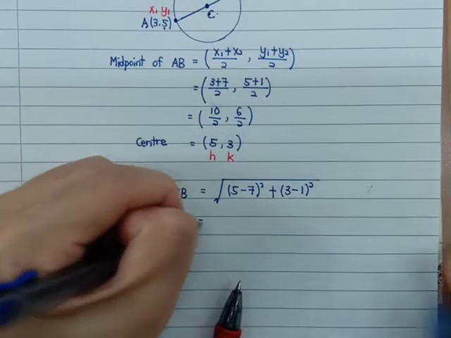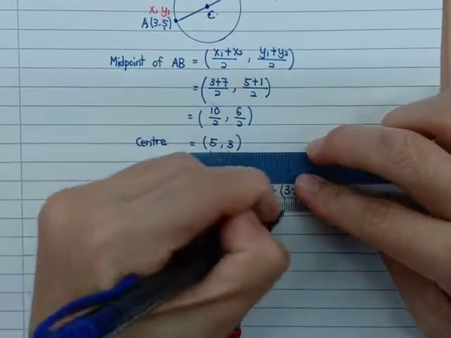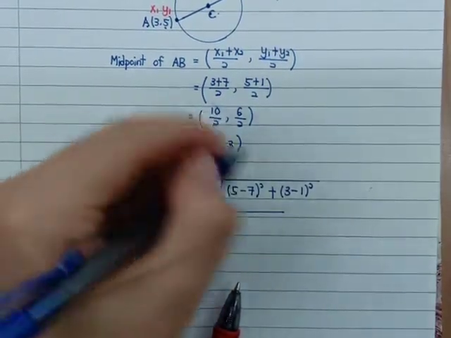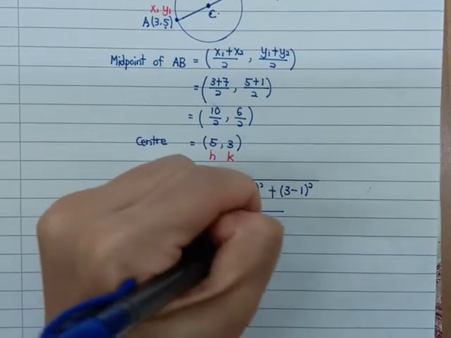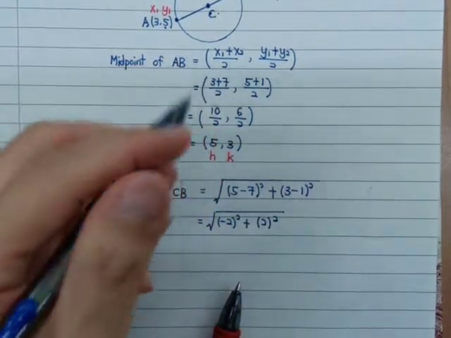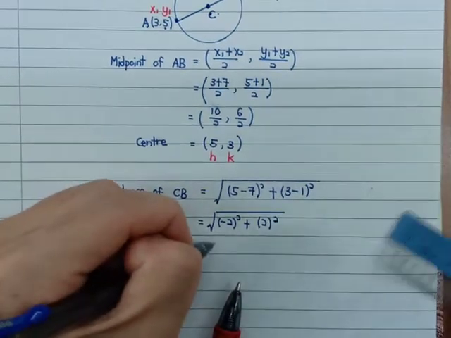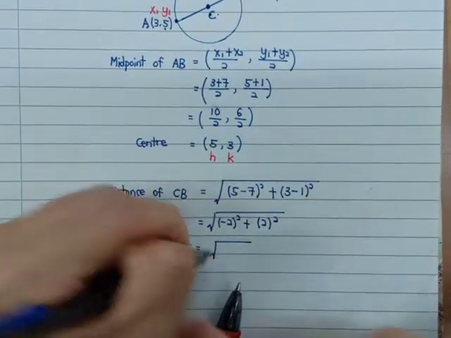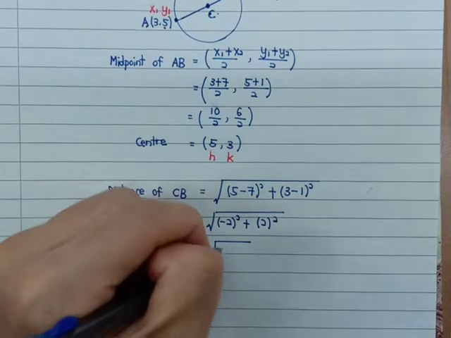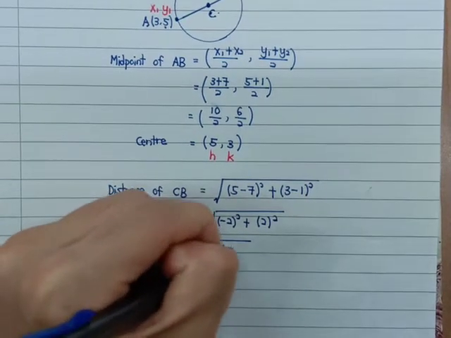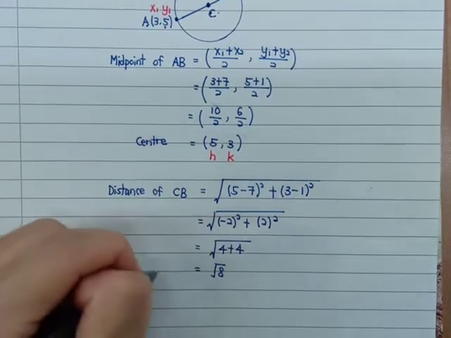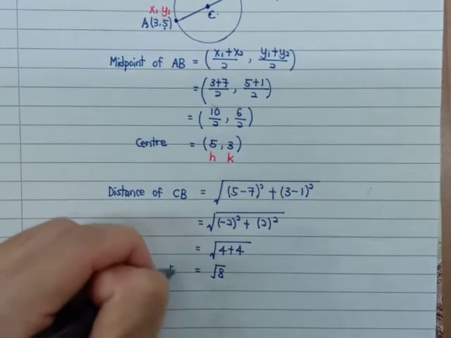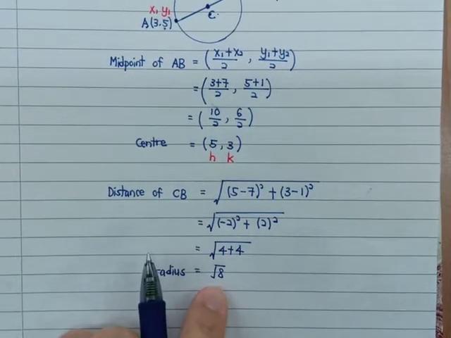From here, 5 minus 7 is negative 2 squared, plus 3 minus 1 is 2 squared. So we have the square root of 4 plus 4, which is equal to the square root of 8, which means our radius will be equal to the square root of 8.